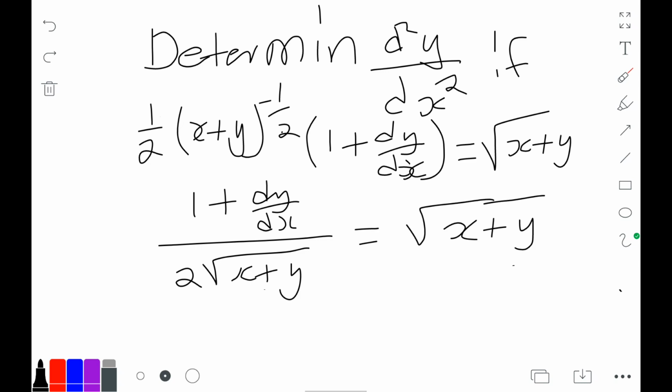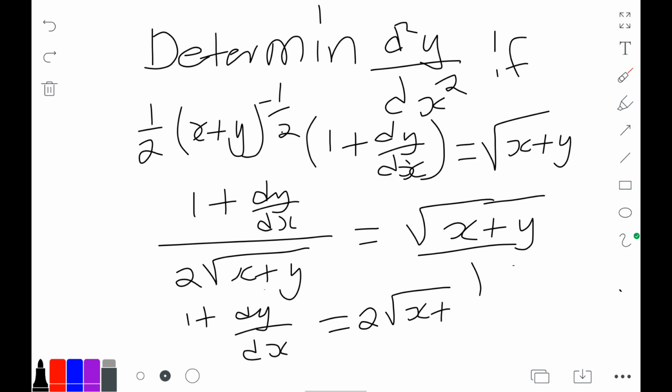So now we can do a cross multiplication again. When we do that, we get 1 plus dy over dx, which equals 2 square root of x plus y times square root of x plus y. Remember, according to mathematics, if the bases are the same, we add the exponents.